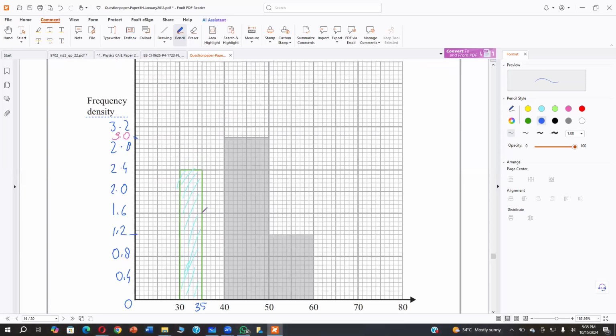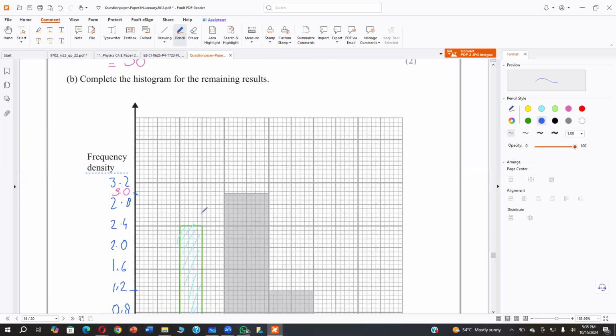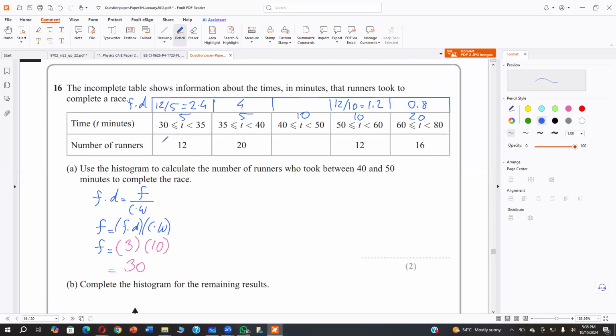Okay. It means it's quite tall. 3.6. It's reaching till 4 here.